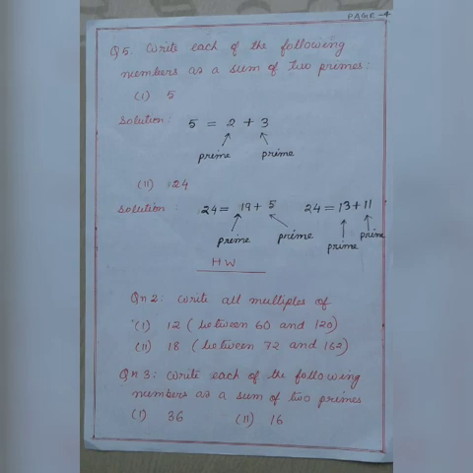So 5 is equal to 2 plus 3. 2 and 3 both are prime numbers. Next question, 24. I have to represent 24 as the sum of two prime numbers. So 24 I can write as 19 plus 5. 19 and 5 both are prime numbers.